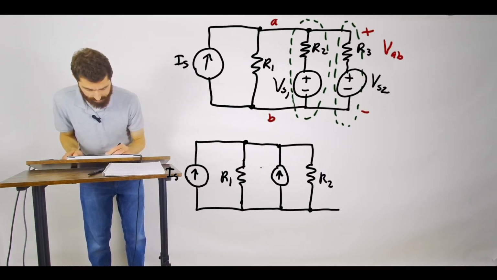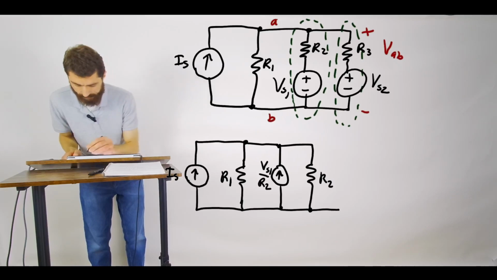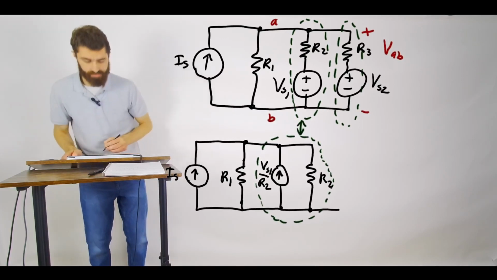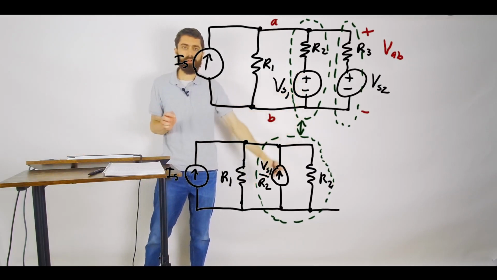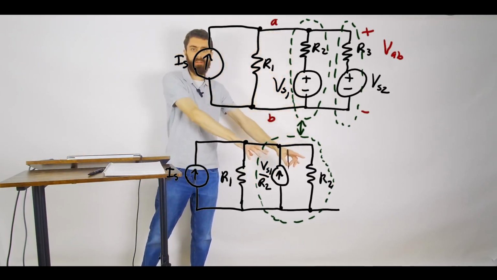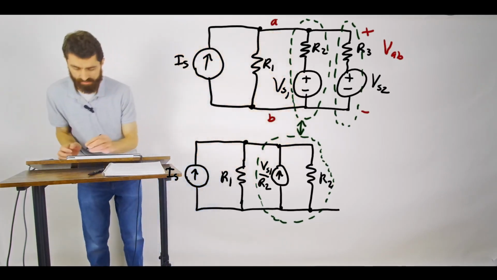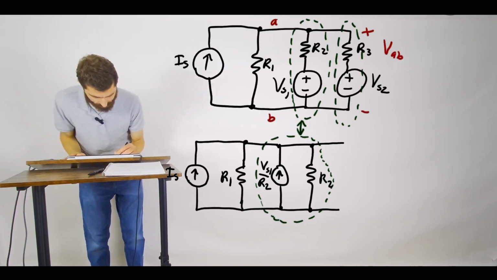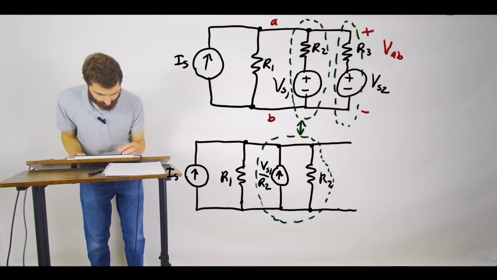And the current here is going to be Vs1 divided by R2. So those two are equivalent. I just converted it into a current source there. And the same thing goes for the other voltage source here.